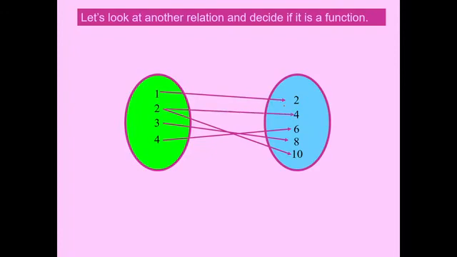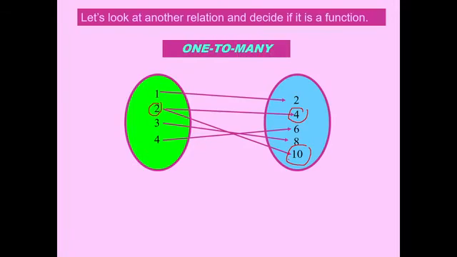So this time, I have assigned number 2 to 2 values, to number 4, and to number 10. And this is what you call a one-to-many relation. You have one value in the domain assigned to 2 values in the range. That's a one-to-many relation.